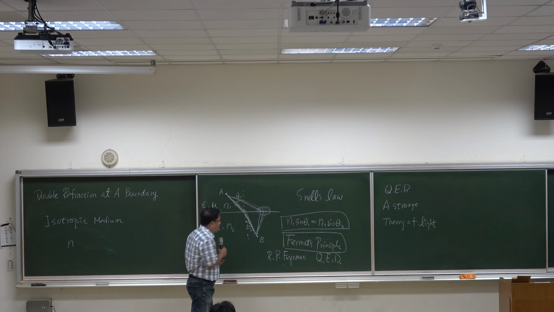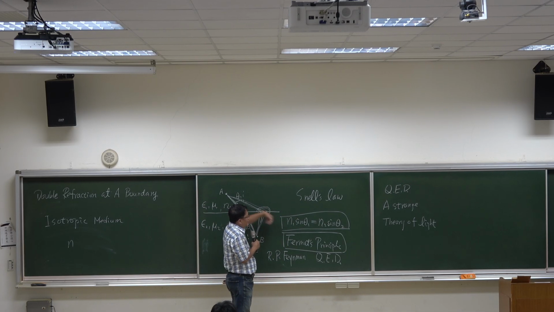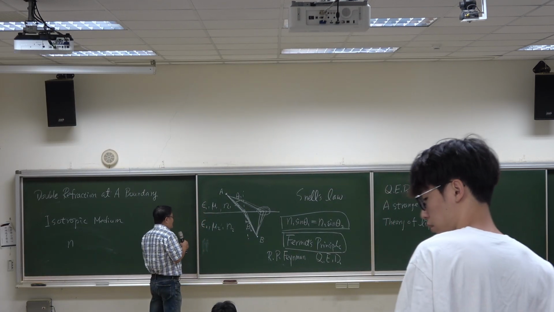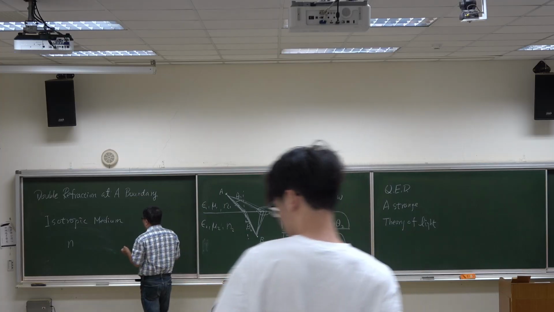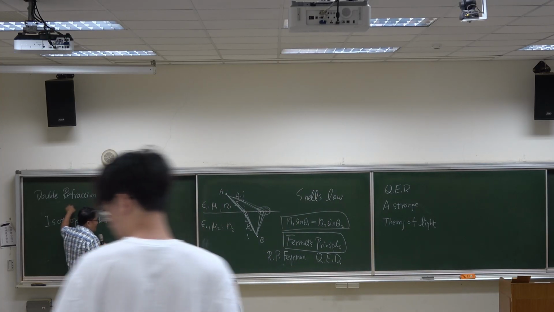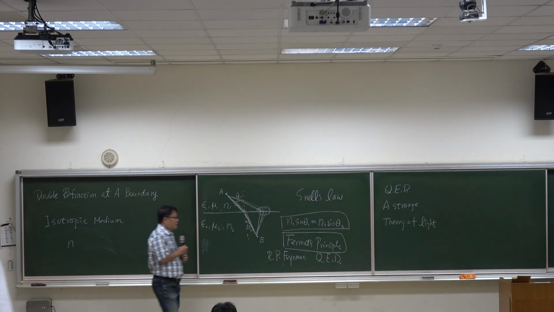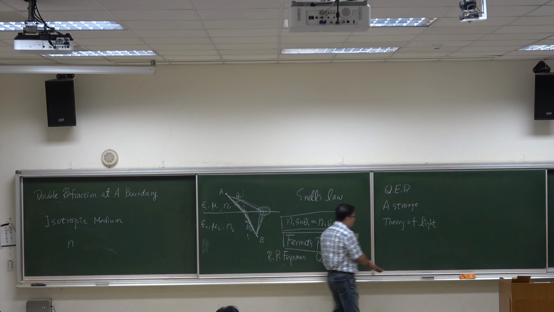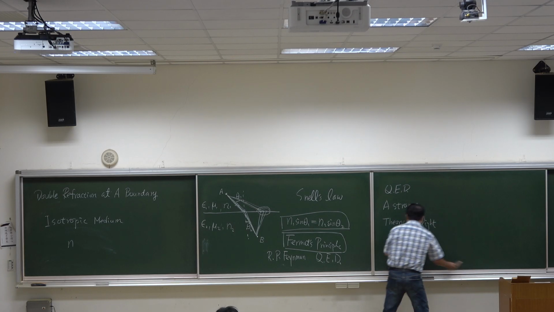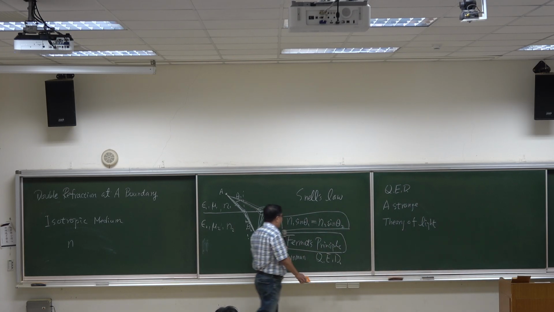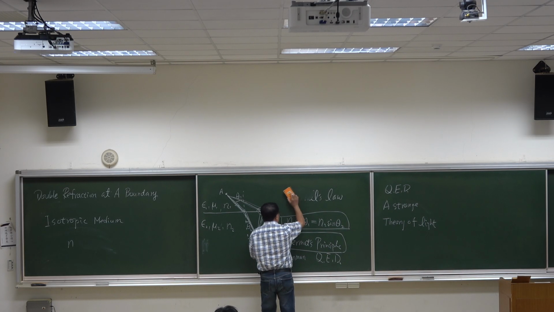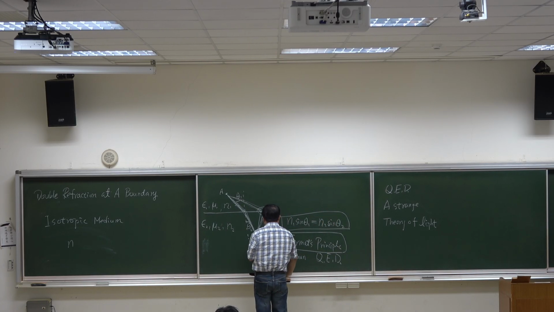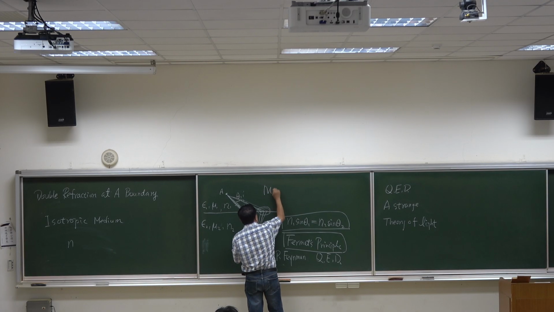However, this kind of thinking cannot help us to understand the light bending in a crystal. So we use another strategy. The different method to obtain this Snell's law is using Maxwell's equations.